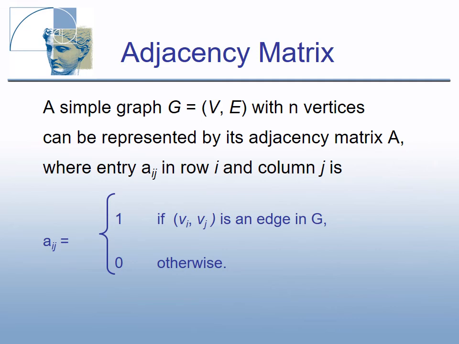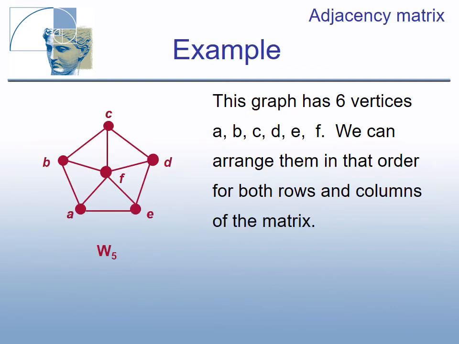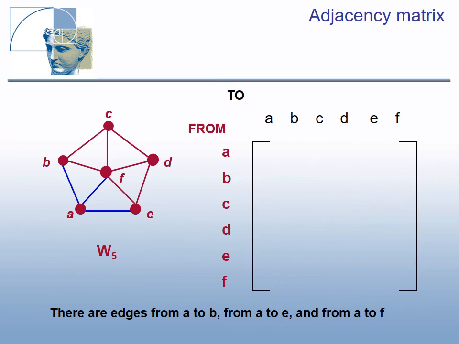It is 0 otherwise. This graph has 6 vertices A, B, C, D, E, and F. We can arrange them in that order for both rows and columns of the adjacency matrix. Like this. Let's fill the first row.